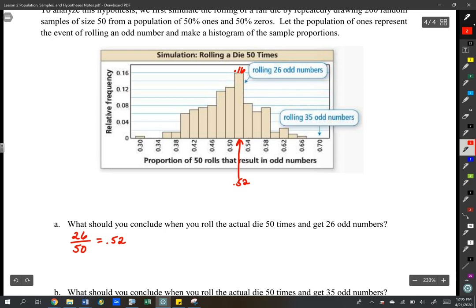It occurred a lot, okay? Because our relative frequency is high, we are going to conclude in this case that the maker's claim is most likely true. Okay, we have a very high frequency in that case.